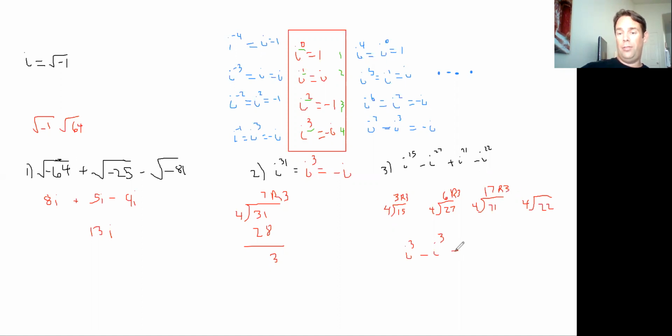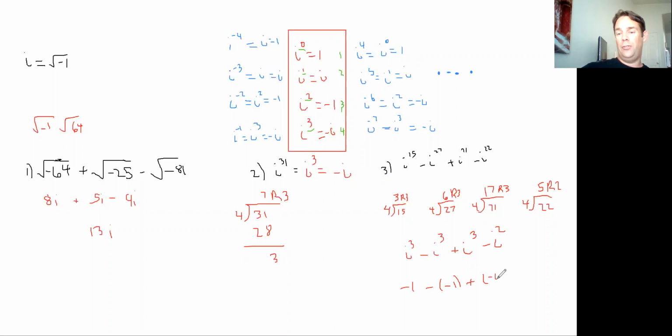So plus i to the 3rd. And 22 would be 5 remainder 2, so minus i squared. By plugging all these in, I get a -1 minus a -1 plus a -1.